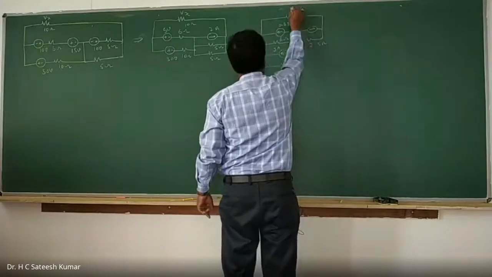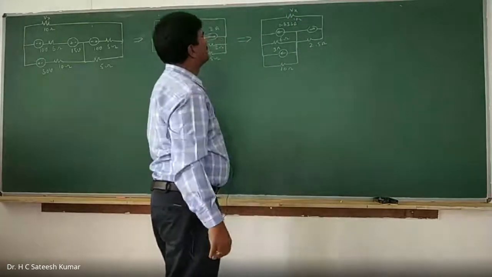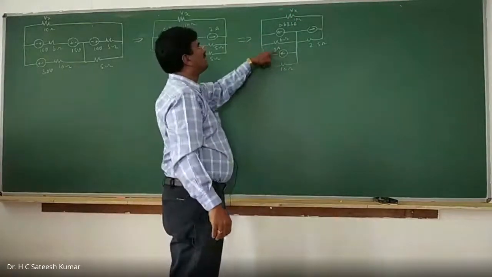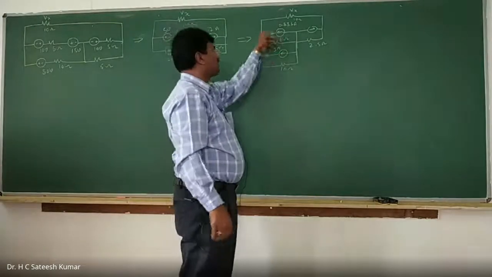Okay, this is your Vx, 10 ohms. Now you see, these two are parallel and these two are parallel. Current source and current source, one is this side and this also, that we'll have to add.